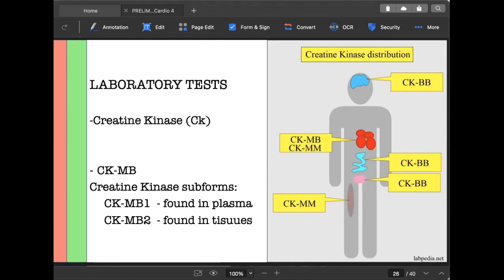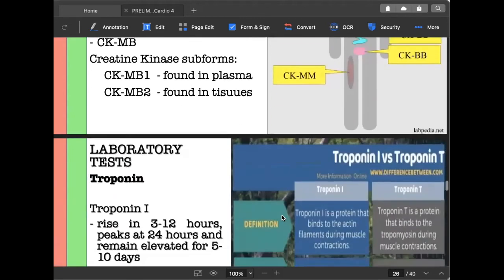Now, in your CKMB, CKMB1 is in plasma and CKMB2 is in tissue. Okay, so CKMB is more definitive of your MI. It appears in the serum in 3 to 12 hours, peaks in 24 hours, and returns to normal level within 48 to 72 hours.